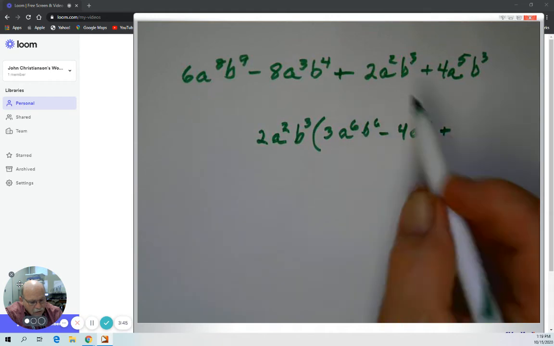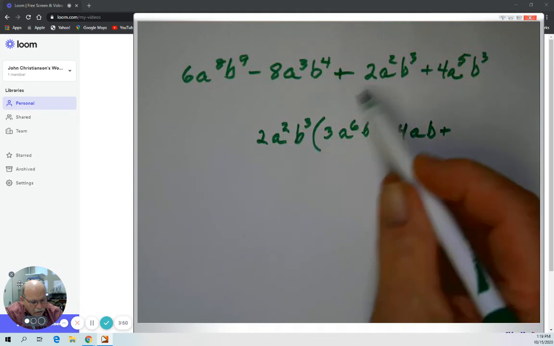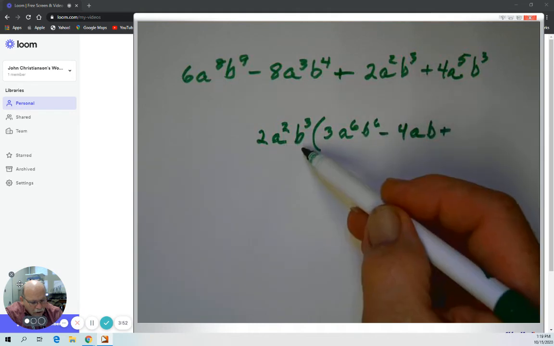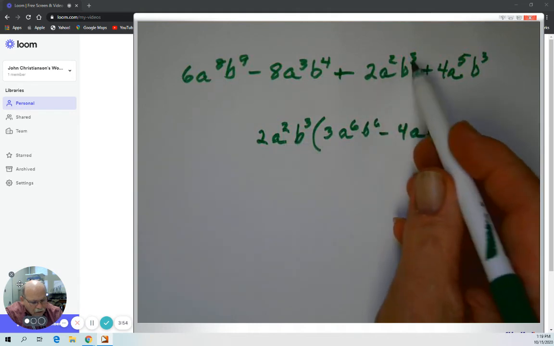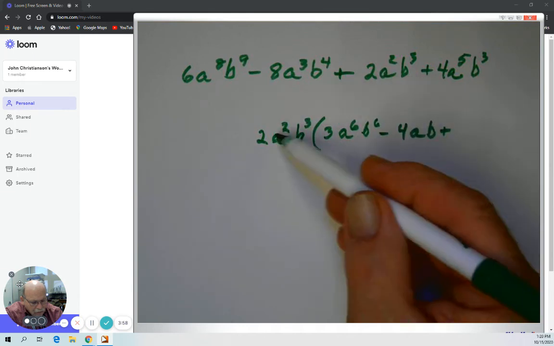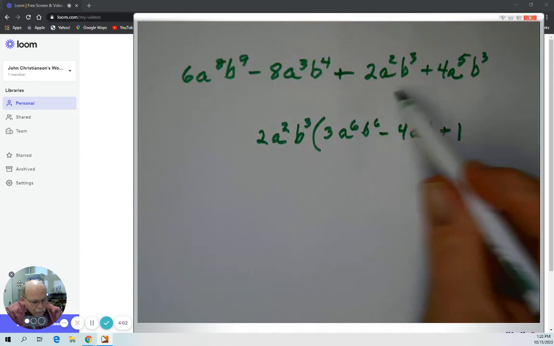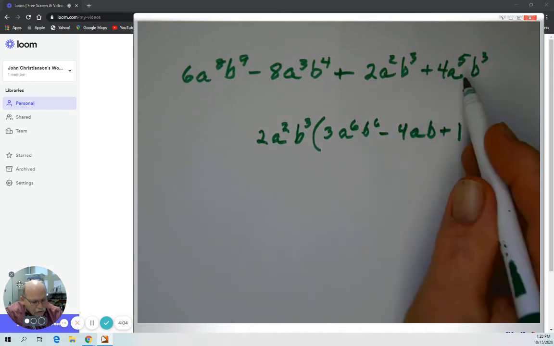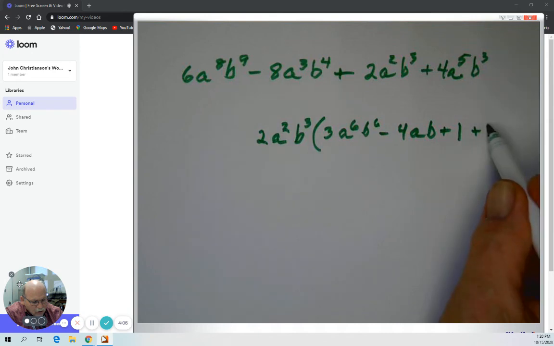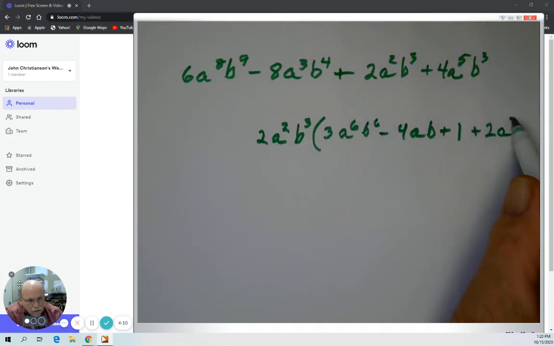Plus 2 divided by 2 is 1, so we don't write that. a squared b cubed, so all of this is this. We divide everything by this and we get 1. So plus 1. Plus, and then 4 divided by 2 is 2. 5 minus 2 is 3.